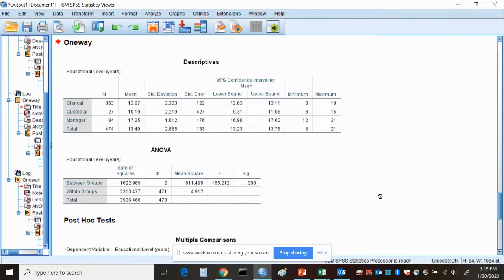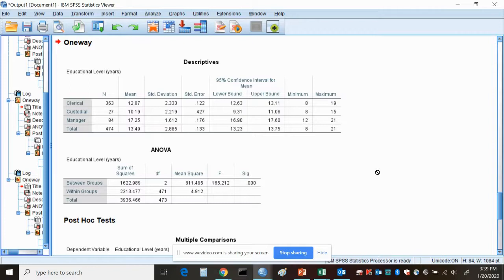Custodial workers, their average number of years of school is 10th grade, with a range of 8th grade to a little past college, with the confidence interval showing you that the majority of the custodial workers were within 9th grade to 11th grade. Managers, 17 years.